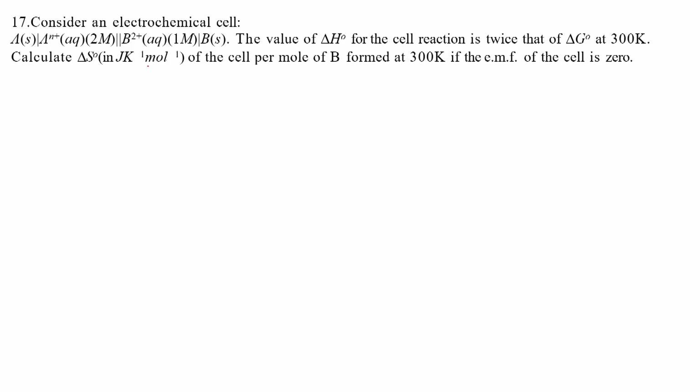So, delta S will be not per mole, only joules per Kelvin of the cell per mole of B formed at 300 K if the EMF of the cell is 0. Okay. So, half cell reactions we can consider, like before.